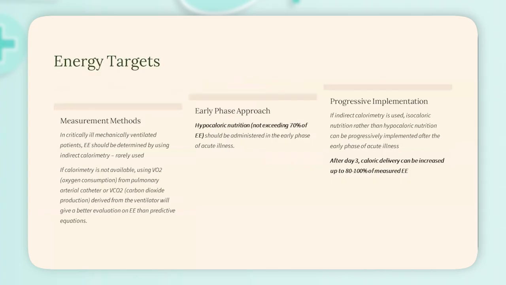Then in the early phase, we usually target a lower calorie, for 24 to 72 hours, reaching up to 70% of the target. Then when he's tolerating that and all the electrolytes are optimal, only after 72 hours to 5 days, within 7 days, we try to achieve 100% of the energy requirement.